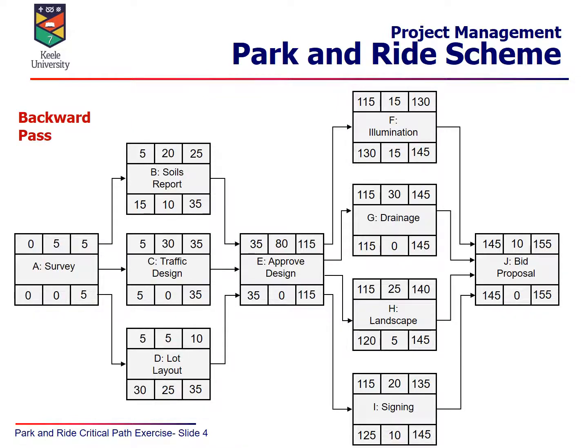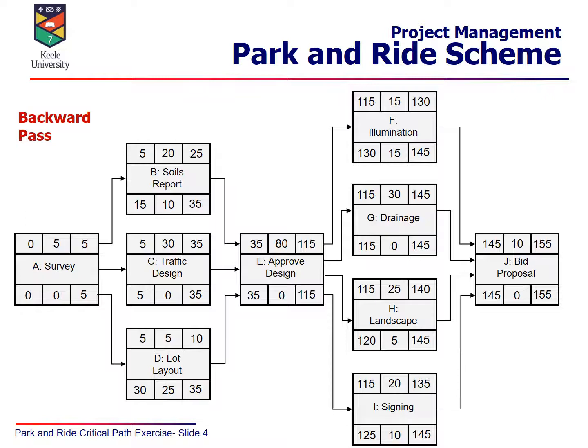Having completed the forward pass, where we work out the total time to complete the project, and for each activity the earliest start and finish times, we're now going to do the backward pass, which will give us some information about the project. It will help us to identify the latest start times and finish times for each activity.